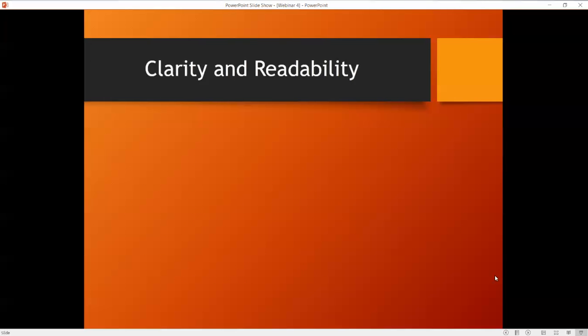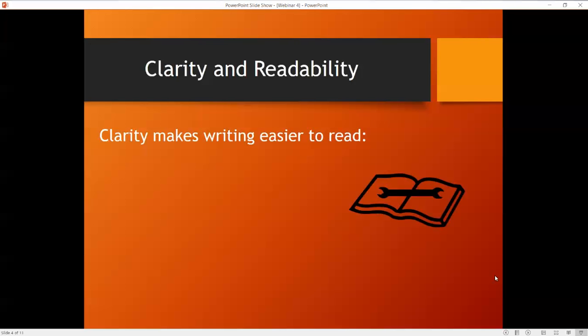Now, clarity and readability. Let's narrow the focus down a little bit. Clarity makes writing easier to read, as I've said, because it defines the writer's scope. It says what you are doing and implies what you are not doing, or sometimes it deliberately says what you're not doing.